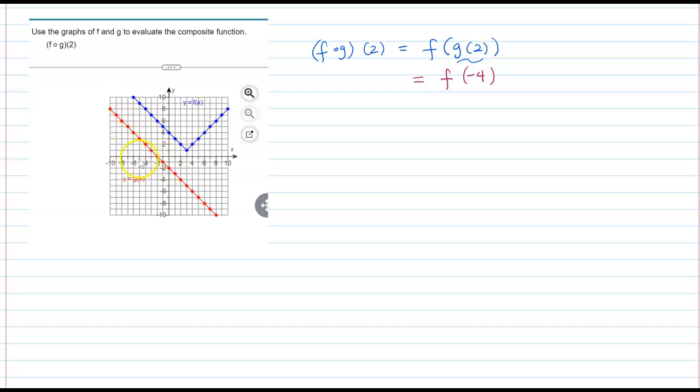So negative 4 is your x for the f. So when x is negative 4, you get the y value. The y value is 8. So f at negative 4 is 8. So that means f circle g at 2 is equal to 8.